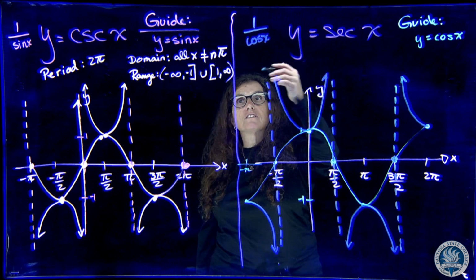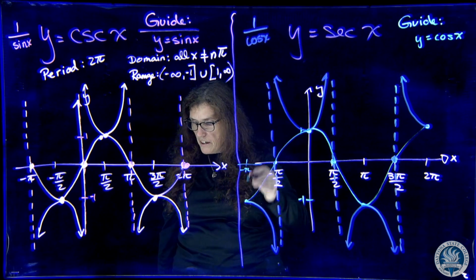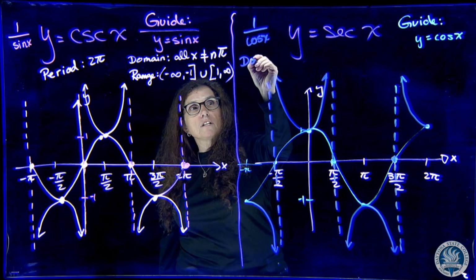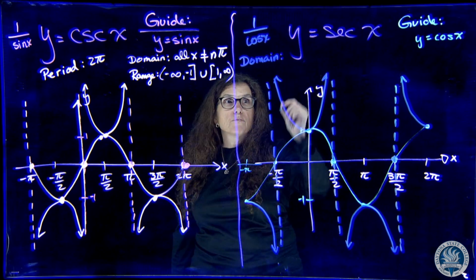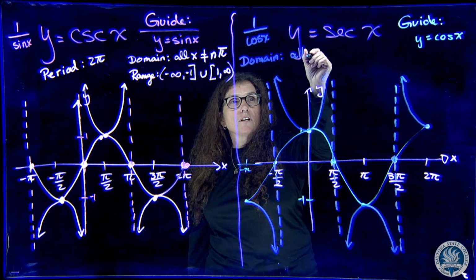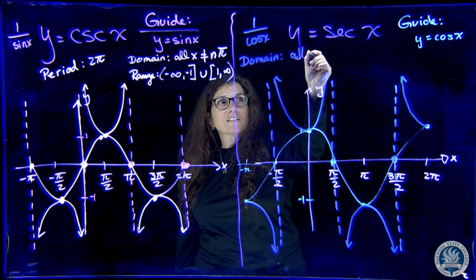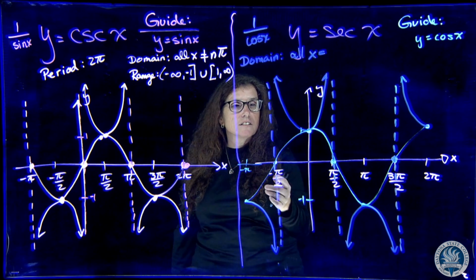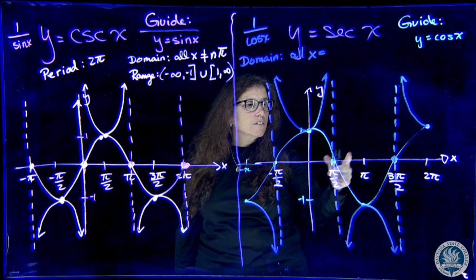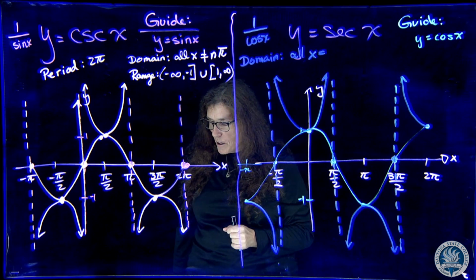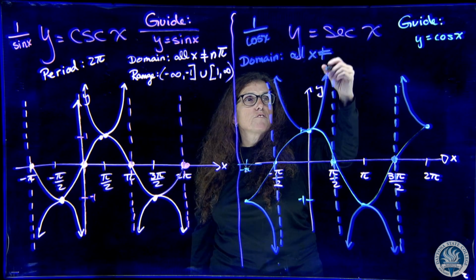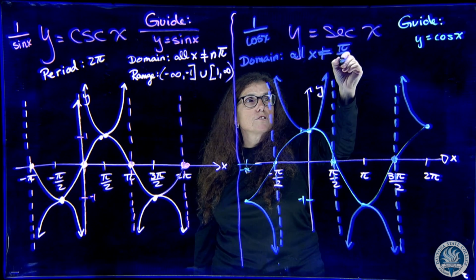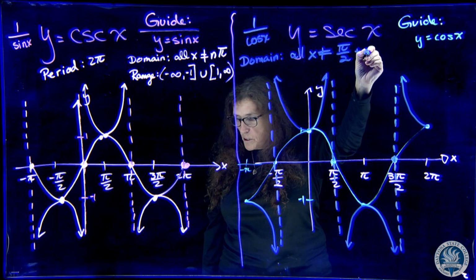The period is still 2 pi, but now the domain is all real numbers except x cannot be, look, pi over 2 plus n pi.